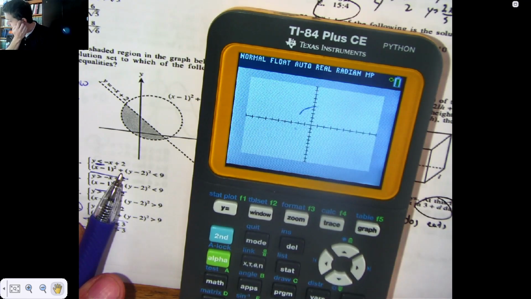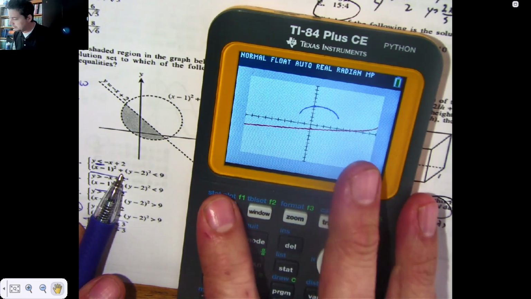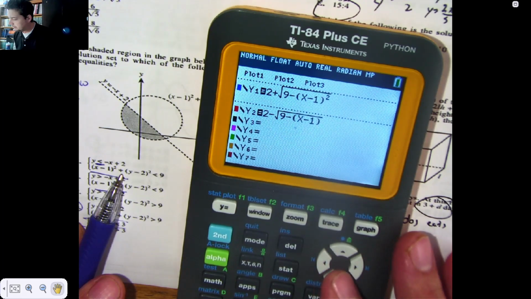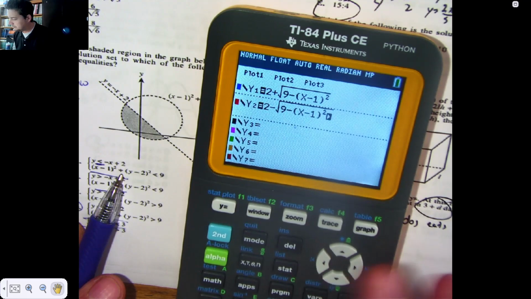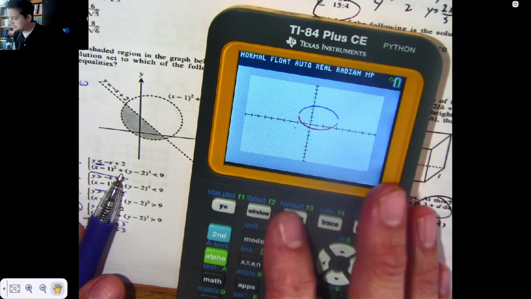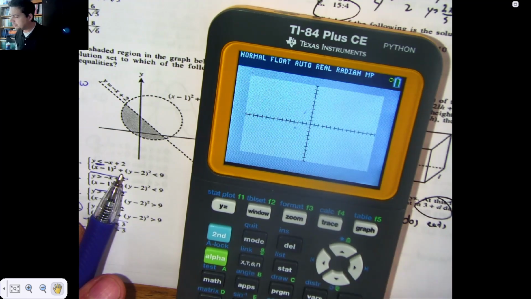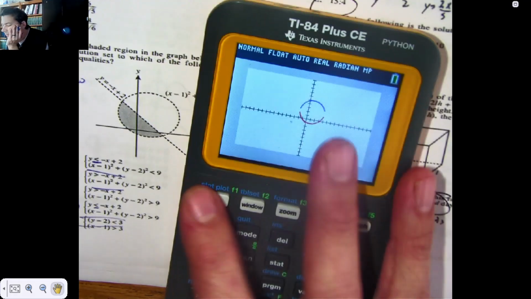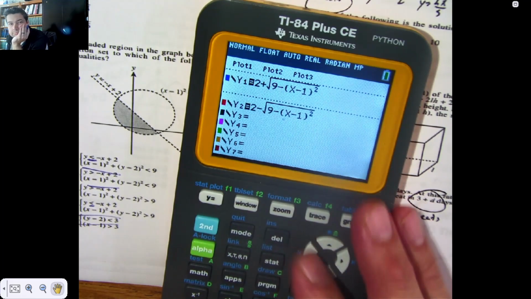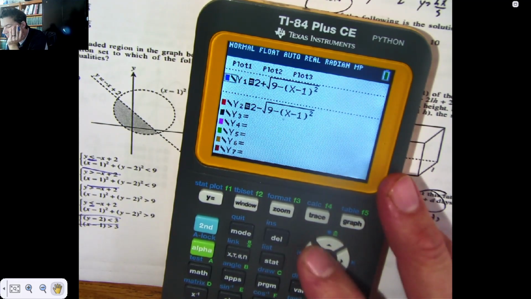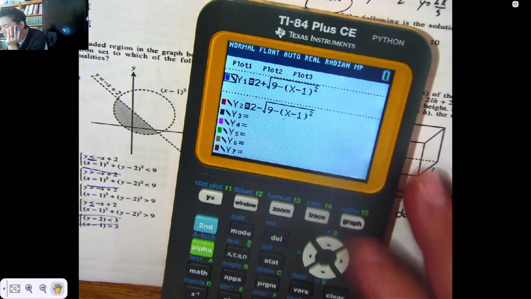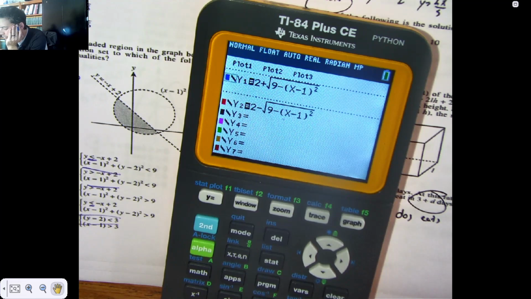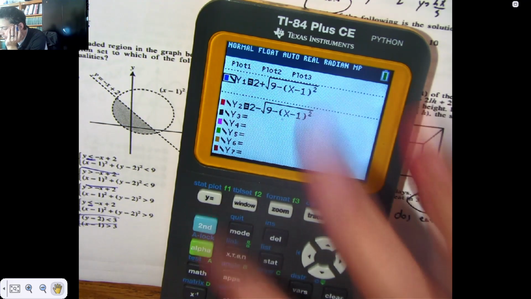Zoom 6. I've got something else in here too, don't I? Got my square. Actually do a zoom square to make it look more circular. And let's see here, if I remember right, you can do shading. Let's see, that is under what? It's been forever. Maybe second program.